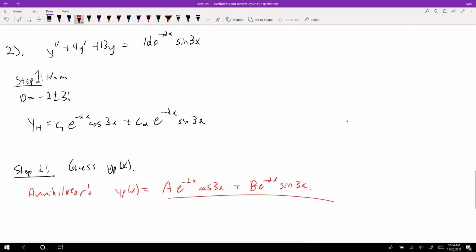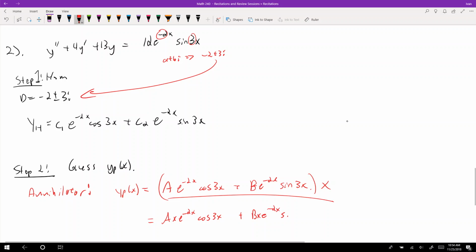If you look at the a plus bi part of it, it is negative 2 plus 3i, and that's in the roots of the homogeneous with multiplicity 1. So we have to multiply all this by x. And so the correct guess ends up being yp of x equals ax e to the negative 2x cosine 3x plus bx e to the negative 2x sine 3x.